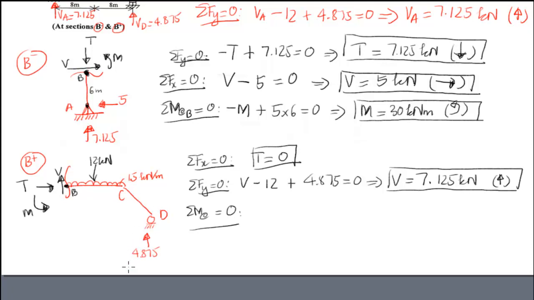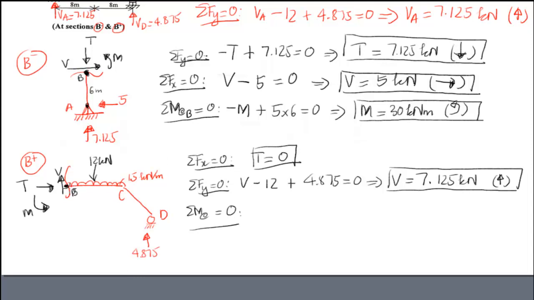So my tip is to try to take the moment at a point that doesn't have many forces to calculate. Try to find a point with fewer forces to calculate.